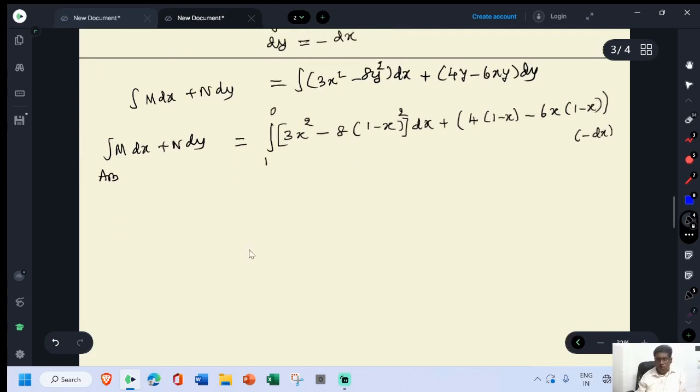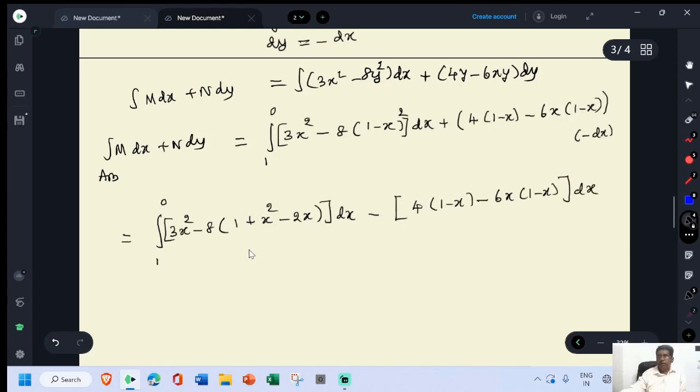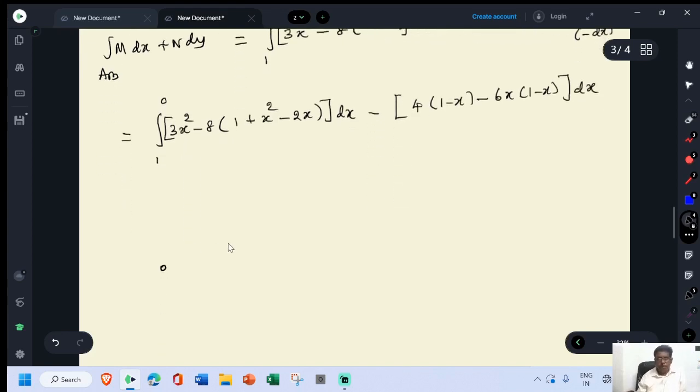Now we have to simplify this. This is equal to integral 1 to 0 of 3x square minus 8 into (1 plus x square minus 2x), entire multiplied by dx. Now the entire second term is multiplied by minus dx, so take the negative sign commonly: 4 into (1 minus x) minus 6x into (1 minus x), entire multiplied by dx. Now we simplify this.